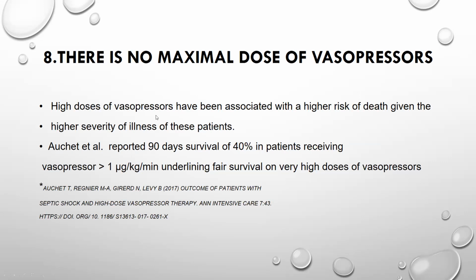High doses of vasopressor have been associated with a higher risk of death, given the higher severity of illness of these patients. Of course, if you need higher doses, it means that your patient is sicker. Oshit et al. reported 90-day survival of 40% in patients receiving vasopressor at more than 1 mcg per kg per minute. This underlines fair survival on very high doses of vasopressor.